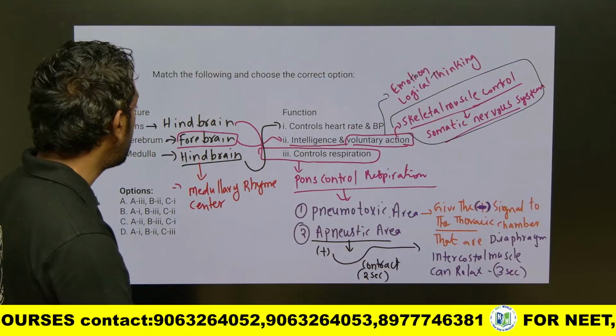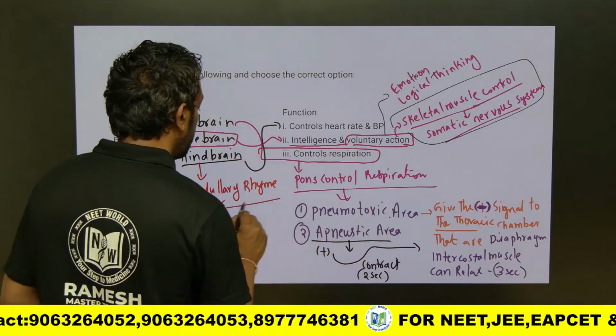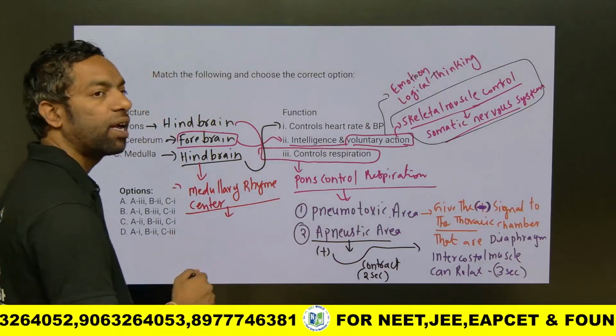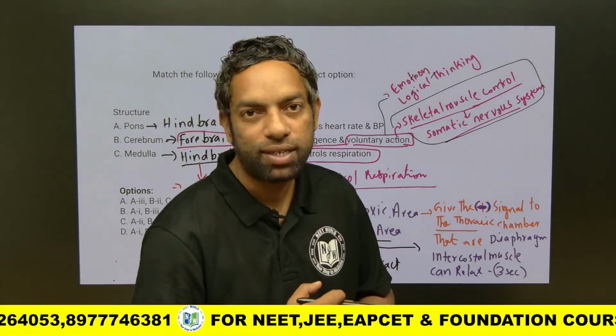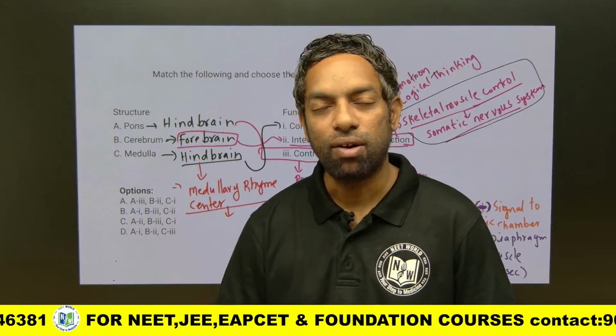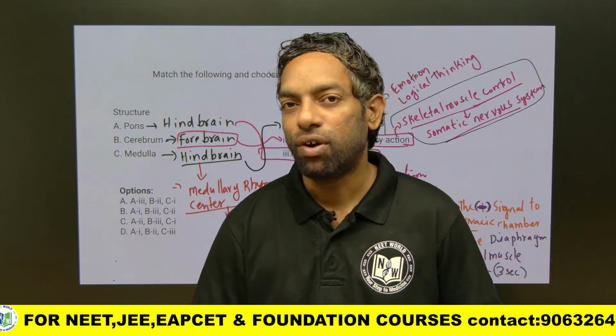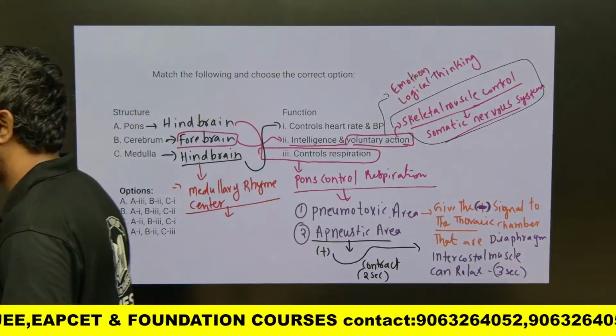All of these are hindbrain. We are going to discuss this in the chapter on neural control and coordination, or else the regulation of heart rate. I hope you guys understand this.